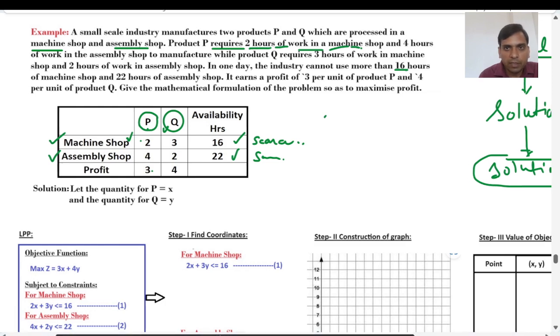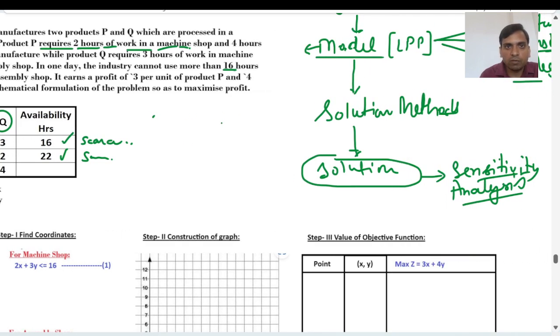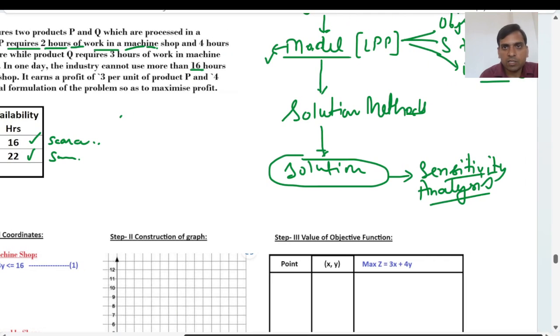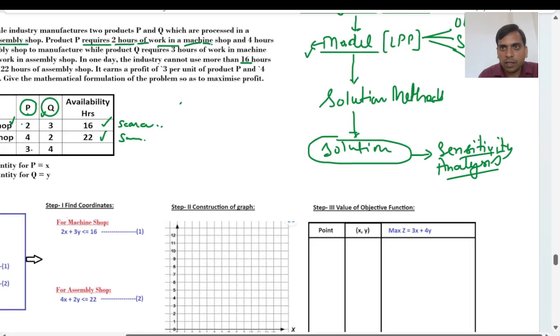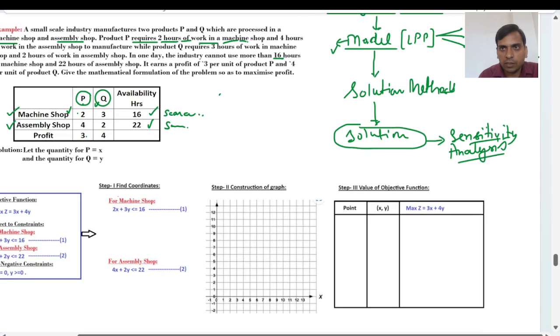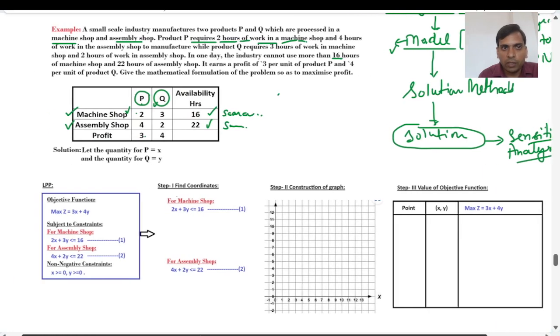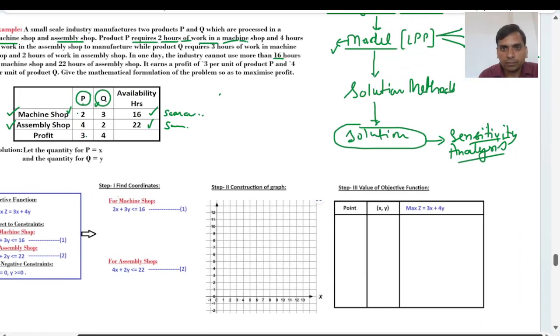So mathematical formulation means we need to convert this into model. And in this model there are three parts. First is objective function. Second is subject to constraint, and third is non-negative constraint.